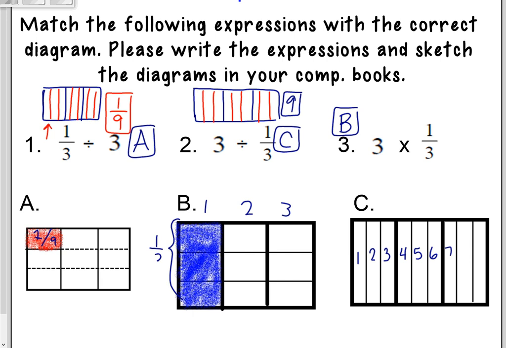So this whole thing is 1/3, 3/3 down. This is 1/3. So if we take 1, 2, 3, and we divide into thirds, how much do we have? 1 whole, or 1. All right? Does that make sense? All right.